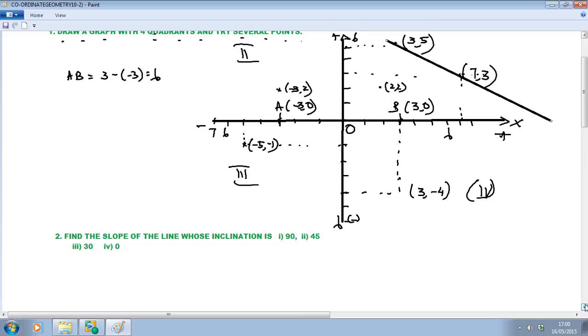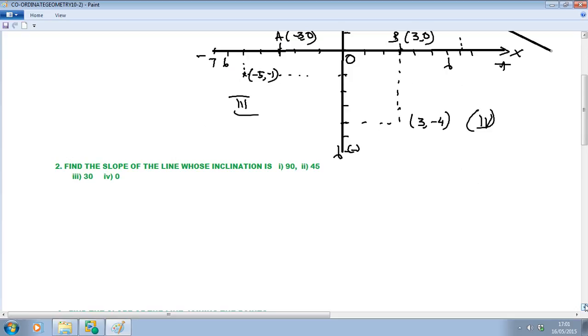So you know what a slope is? Slope is for a line whose inclination is 90, 45, 30. Find the slope of that whose inclination is 90 degree, 45 degree. So what is it like this?